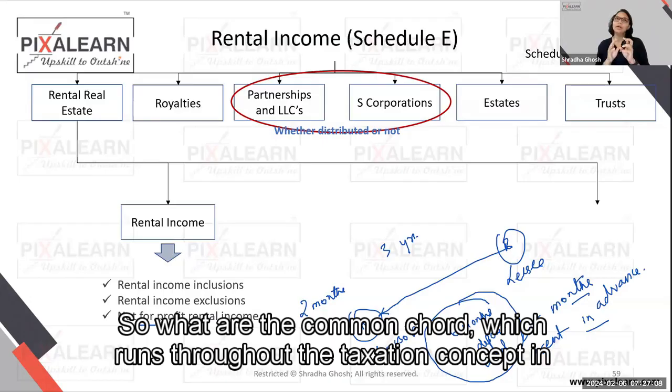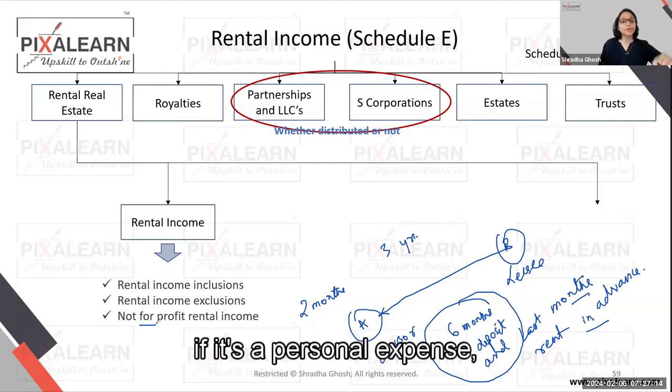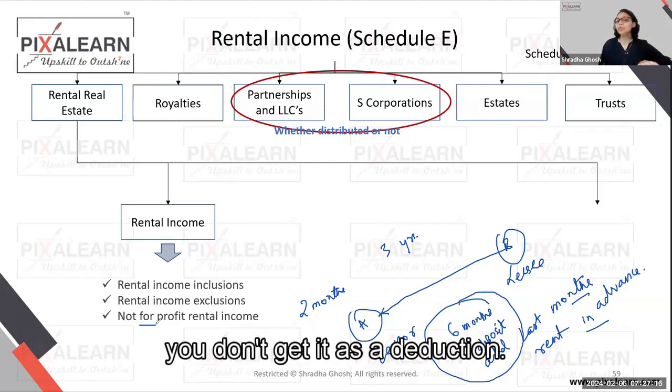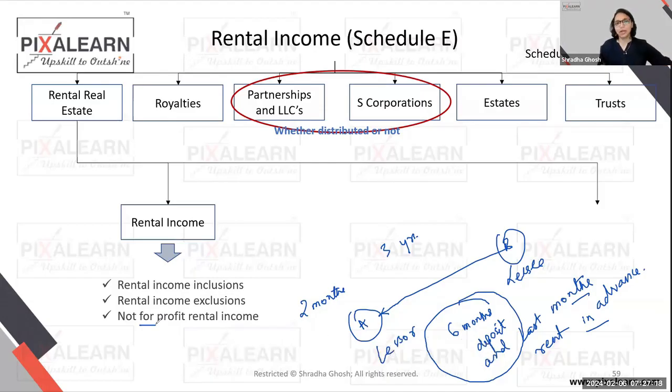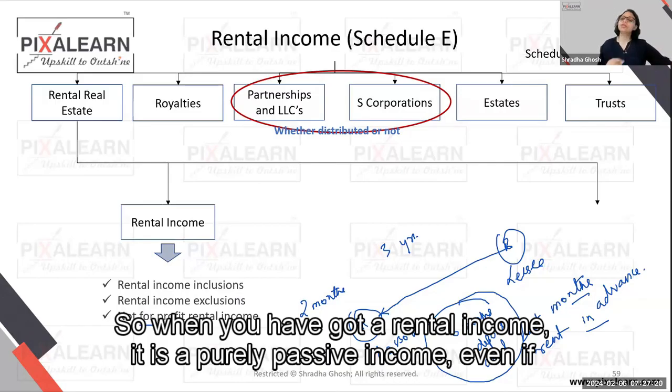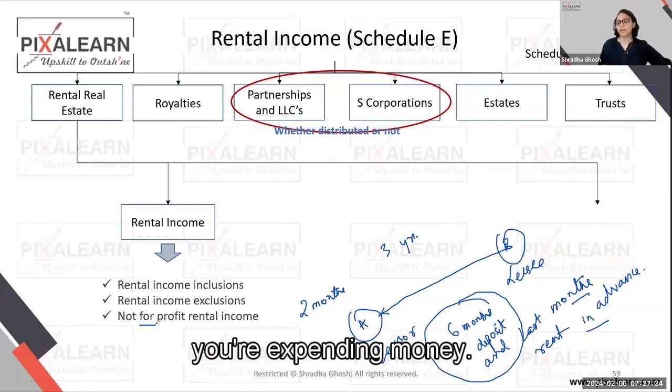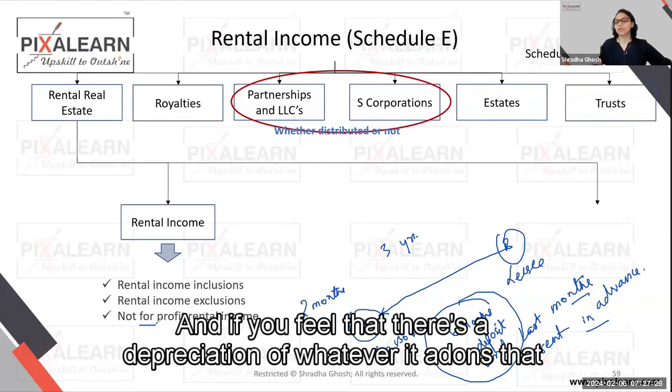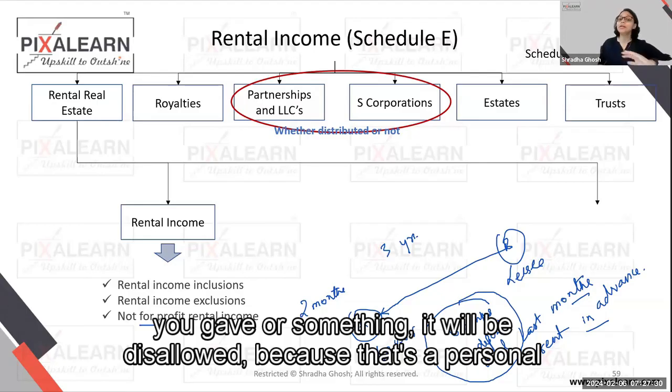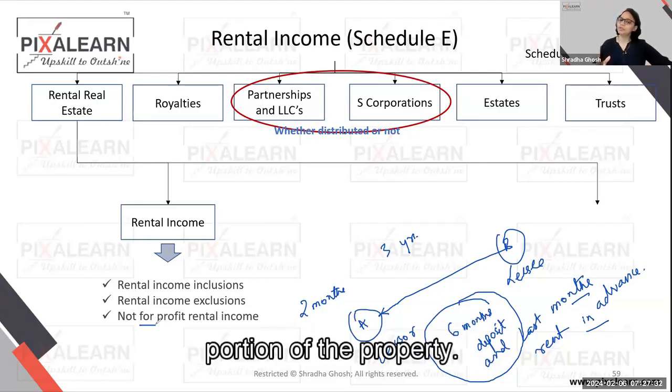So the common core which runs throughout the taxation concept in the US is, if it's a personal expense, you don't get it as a deduction. When you have a rental income, it is a purely passive income. Even if you're spending money, and if you feel there's a depreciation of whatever add-ons that you gave, that will be disallowed because that's a personal portion of the property.